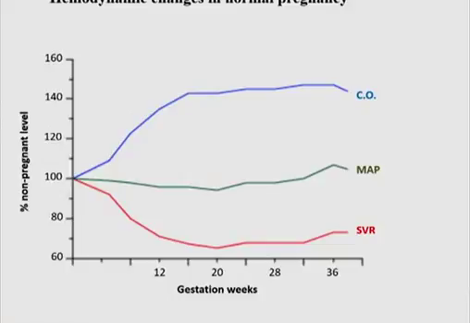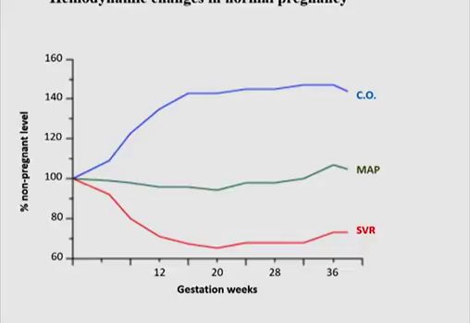So, the previous speaker already alluded a little bit to the changes in both the hemodynamics and some of the physiological changes during pregnancy. What you see in front of you on the slide, the top line, the blue line, is the cardiac output.